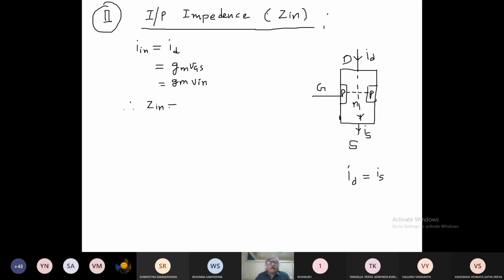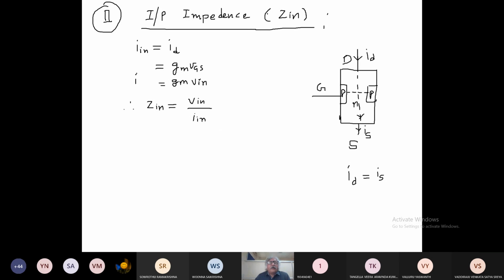Now the input impedance Zin will be V in by I in, right?